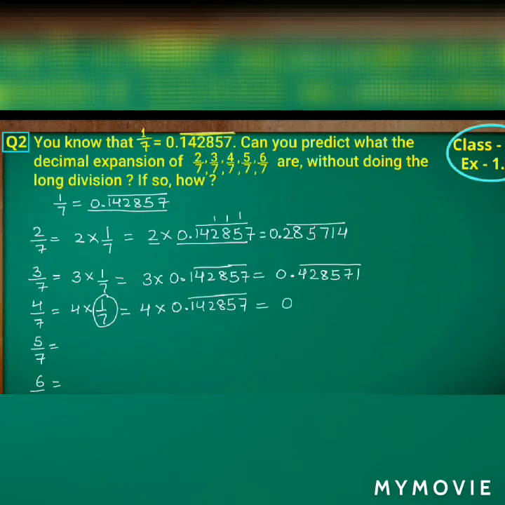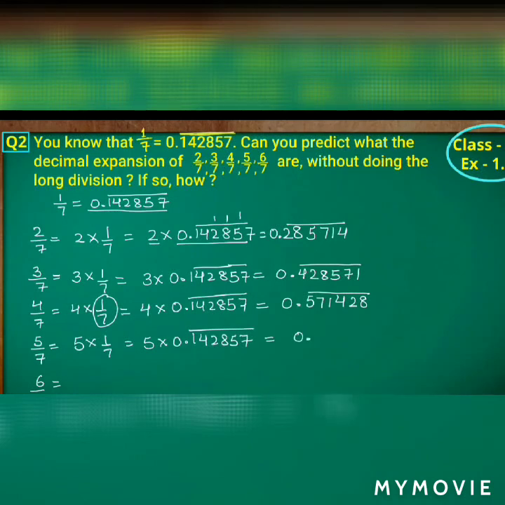Only the values I am writing here. Anyways, you understood the method, that is you will get 0.571428 bar. In the same way, 5 by 7, that is 5 into 1 by 7, 5 into 0.142857 bar, you will get the value for this, which is equal to 0.714285.